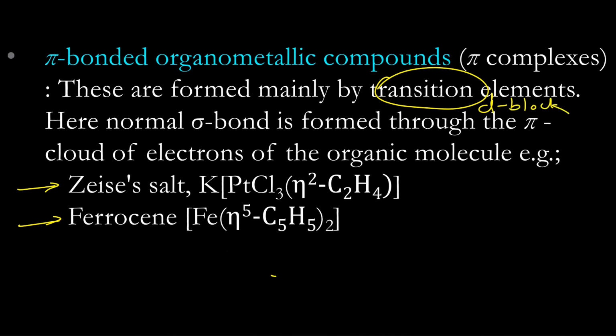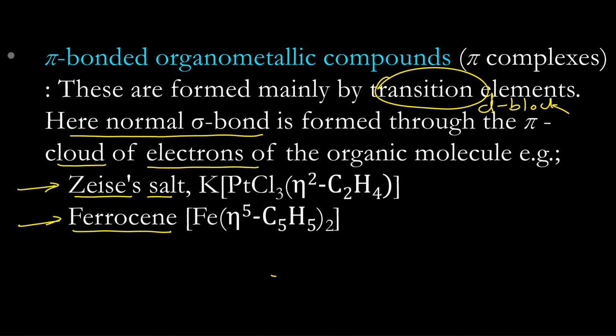Pi complex. Here, a normal sigma bond is formed through the pi cloud of electrons of the organic molecules. Pi cloud means p orbitals. Examples you need to remember: Zeise's salt, which is K[PtCl3(η2-C2H4)], and then ferrocene, Fe(η5-C5H5)2.